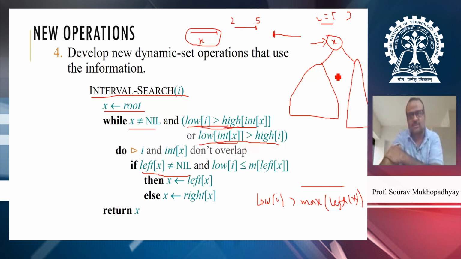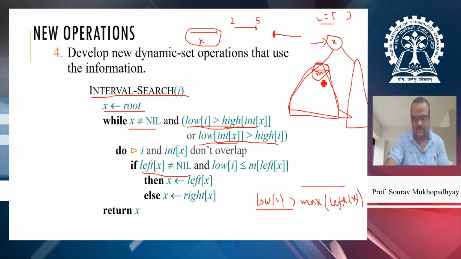No, no, because in that case we know there will be nobody there which can overlap, because the max field indicates the maximum point in this subtree rooted here. So if we are looking for an interval which overlaps with I, and if low of I is greater than max of left, then there is no question of going for the left part, then we will go for the right part.